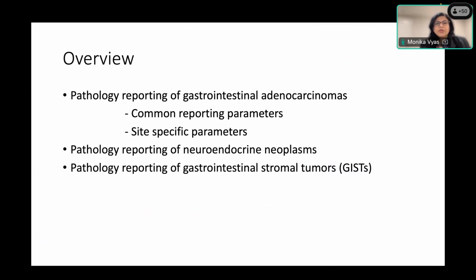Today we're going to talk about pathology reporting of common gastrointestinal malignancies, most common being adenocarcinomas. We'll go over the common reporting parameters for these tumors and some site-specific considerations as well. And then we will briefly touch upon neuroendocrine neoplasms and reporting of gastrointestinal stromal tumors as well.